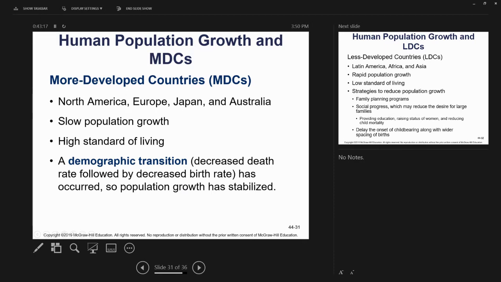Everyone can have more of the resources because our rate of growth is slower. So demographic transition has occurred in these countries where we have a decreased death rate, but also a decreased birth rate. So our standard of living and healthcare has reduced the death rate, but we also have a decrease in birth rate. So population growth has stabilized.